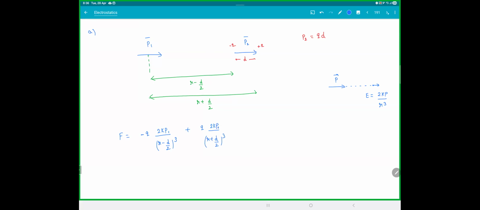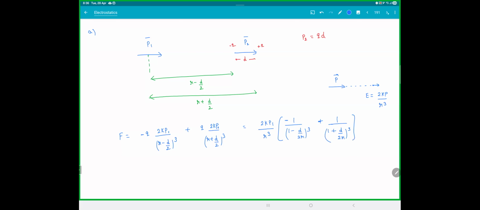This is p1. Take out the 2kp1 common, take out the r cube also from there, and then you end up with 1 plus 1 minus d by 2r whole cube, minus, this is plus and this is minus, and this is 1 plus d by 2r whole cube.